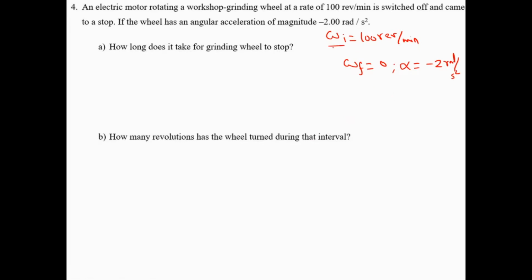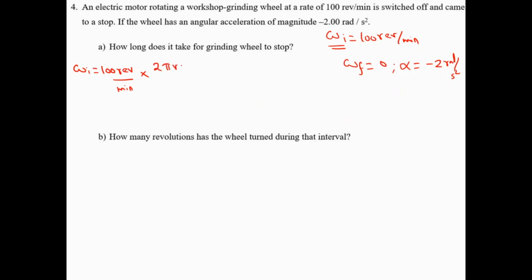So now I'm going to convert this initial angular speed in terms of radian per second. Initial angular speed is equal to 100 revolutions per minute. So I have to convert this revolution in terms of radian. So how can I convert?